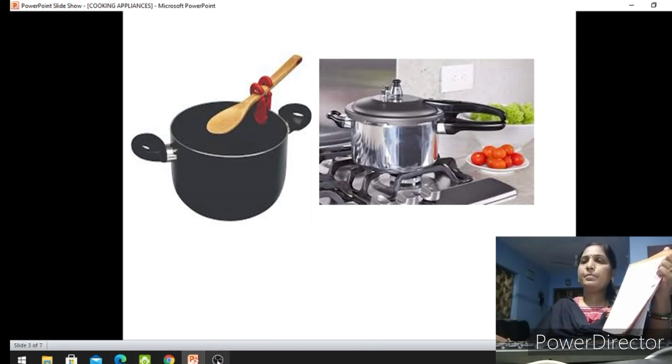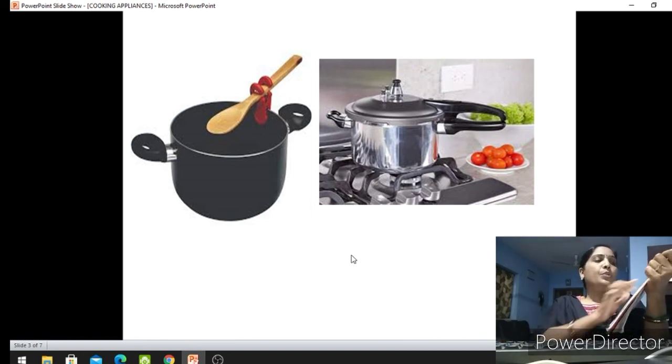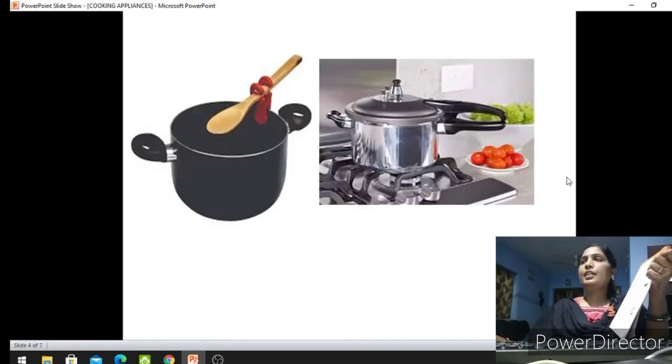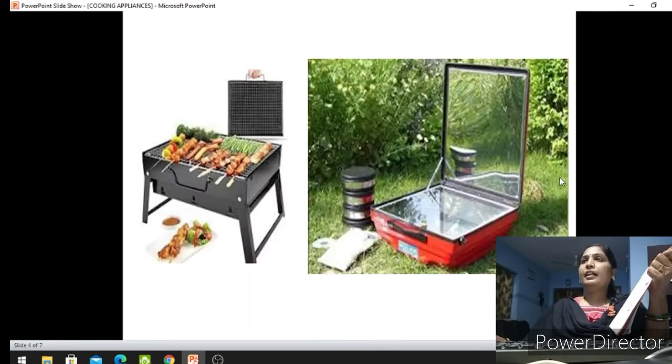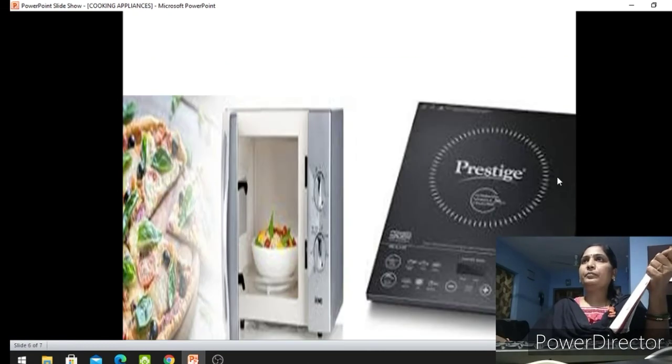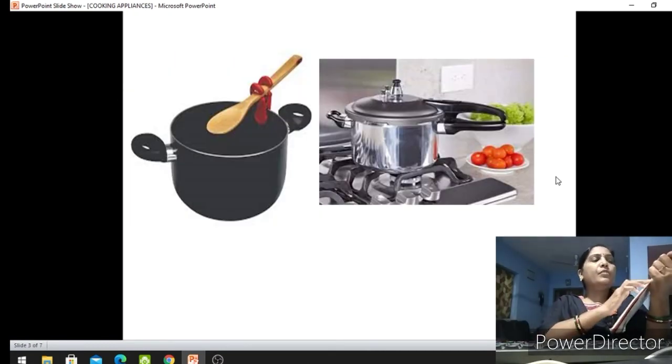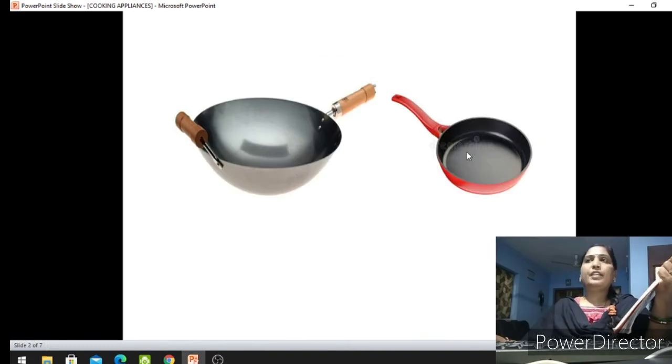So find out by the picture which utensil that is and for which purpose we use it. The first one is steamer. What do we use it for? For steaming. Very good. And the second picture is frying pan.